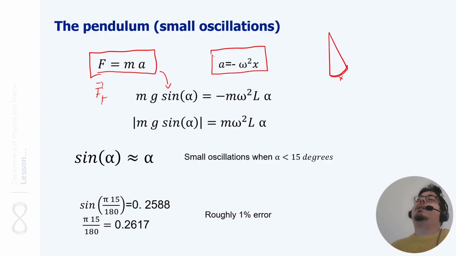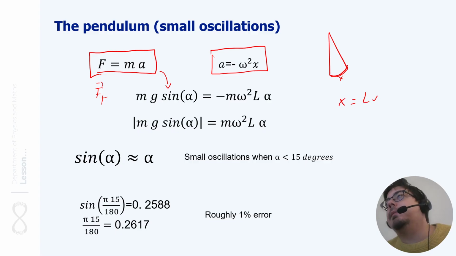The approximation is that these two sides are different, but the sine of alpha for small angles is roughly alpha, and x is equal to L times alpha, because this is the relation between the length of the pendulum and the circumference.